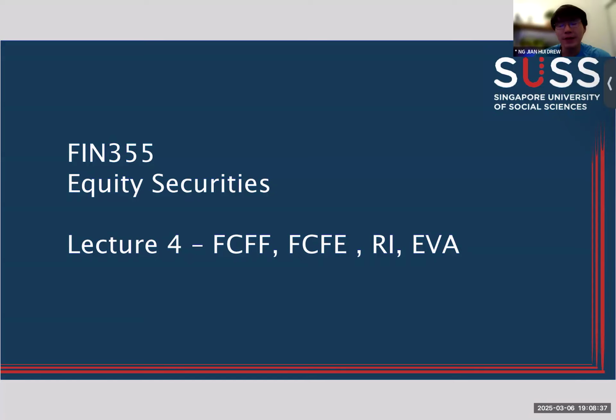People tend not to use it because it's too simplified. So this lecture we're going into detail on the cash flow model as well as the residual income and EVA. These models are more important because you will likely be using them in both your GBA and ECA.